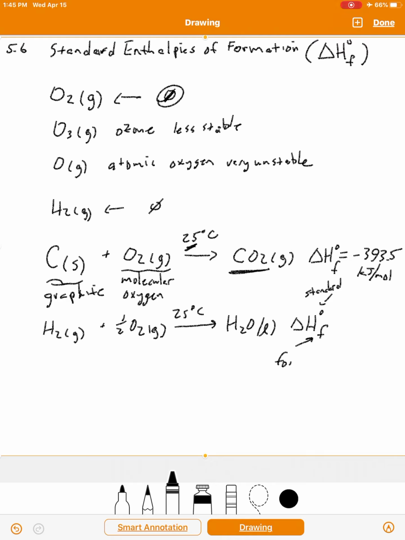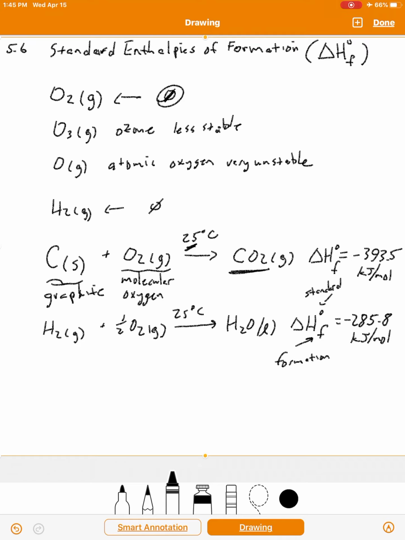The F is formation. And what we would find is it's minus 285.8 kilojoules per mole. And we just keep doing this for many, many different substances. We measure the delta H of formation, the amount of enthalpy associated with making a mole of that particular substance from its elements, and we make a table out of it.